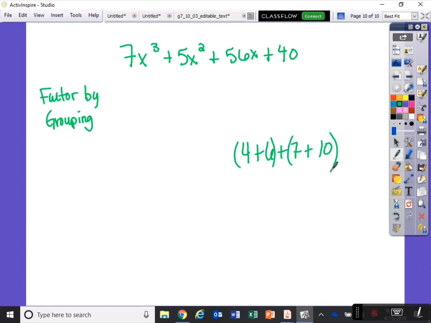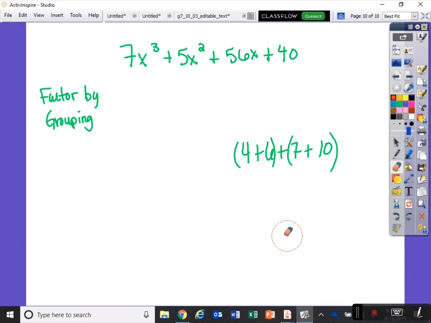So 4 plus 6 is 10, 7 plus 10 is 17, and then 10 plus 17 is 27. I could group them like that, or I could move them around and group them in a lot of different ways, right? Either way, it didn't really change the problem, did it?